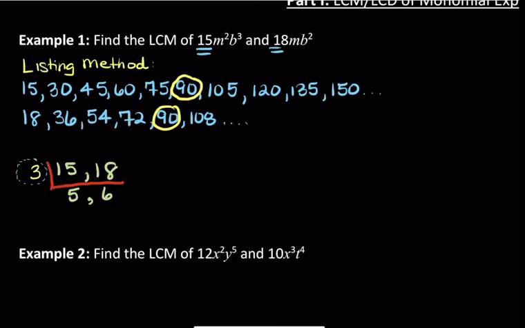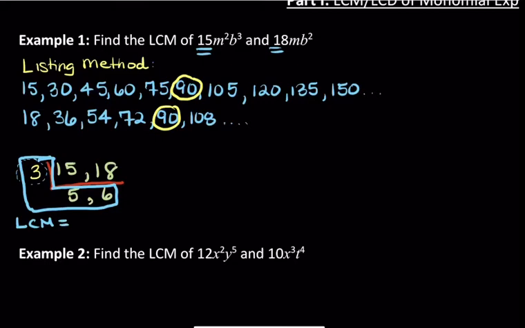So I'm going to recognize that I can stop at that point. And what you do is make an L around the numbers on the side and the numbers on the bottom. In this case, we only have one number on the side. The reason I like this method is that the L represents the LCM, or LCD if we're looking at denominators.